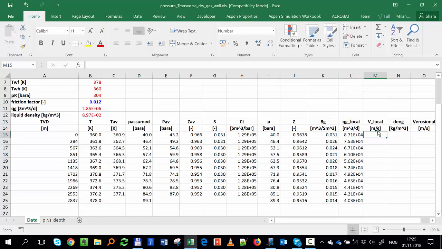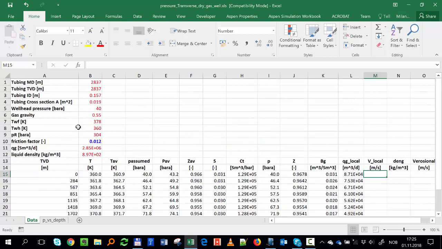So let's see if I have the area someplace. I think I have. The tubing size ID is here, and the cross-section area is here, which is just pi times the diameter squared divided by 4. So that's the number. But we have to be careful.